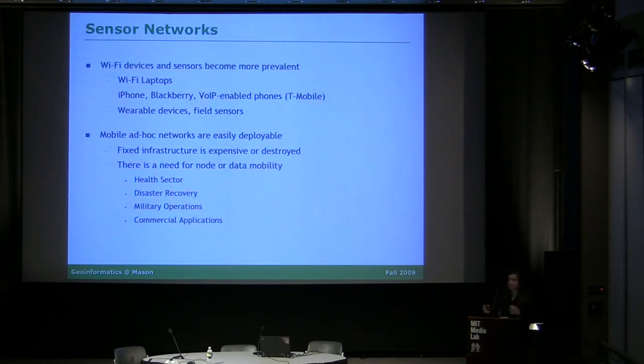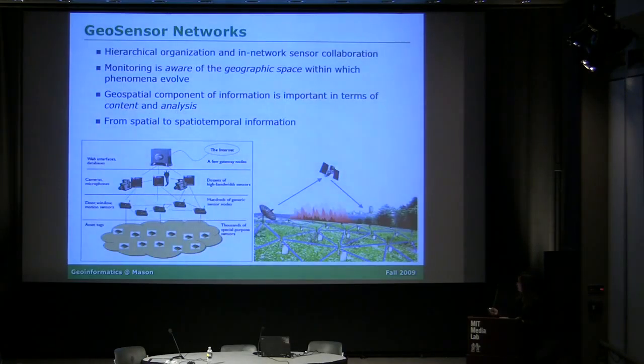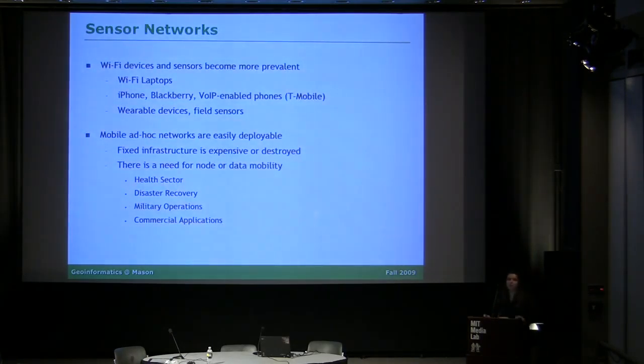Now, let's talk a little bit about how this work is related to sensor networks and environments where sensors are embedded. I don't have to repeat all those things that all the speakers before me mentioned, that we are moving away from the static paradigm of doing things. We have Wi-Fi devices, laptops, mobile, wearable, everything.